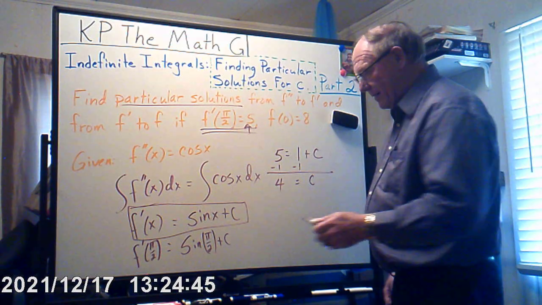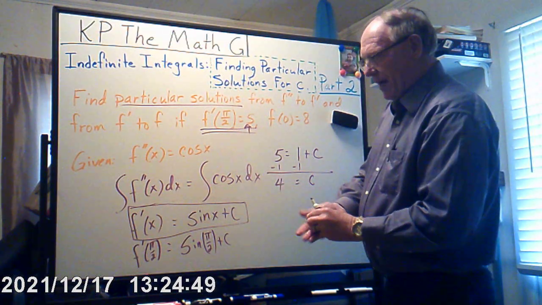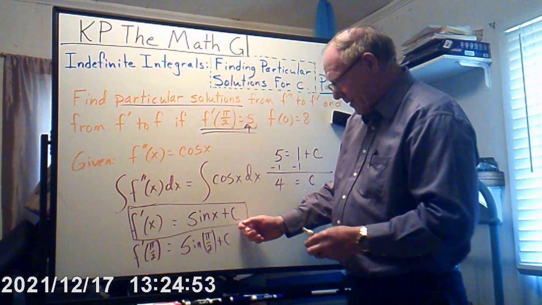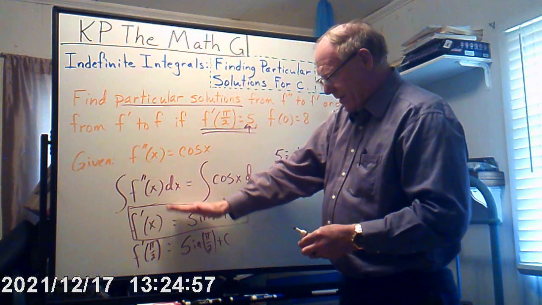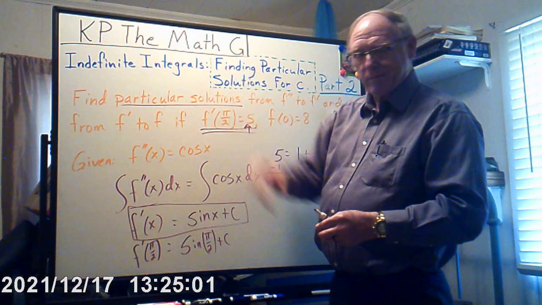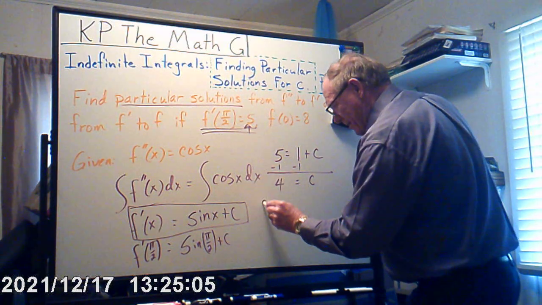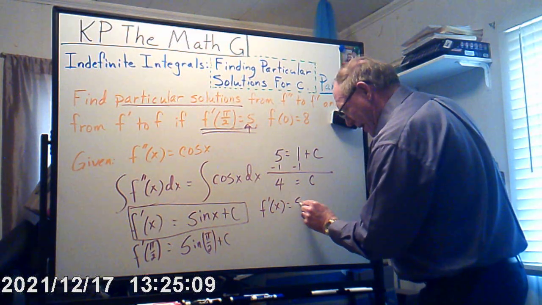Now it's not just a general number here, not just anything we want. It's not what sine is actually doing. The sine wave is, the bigger the number here, the higher it goes, and the lower the number, the lower it goes. That's all that's doing here. In this case now we have f prime at x is equal to sine x.